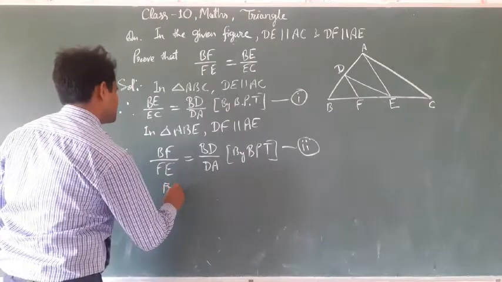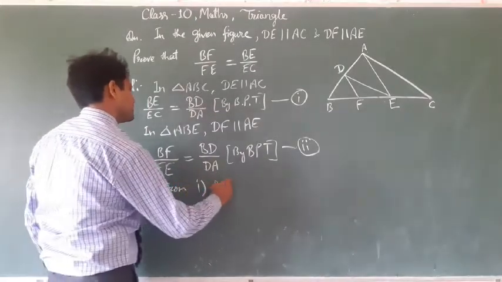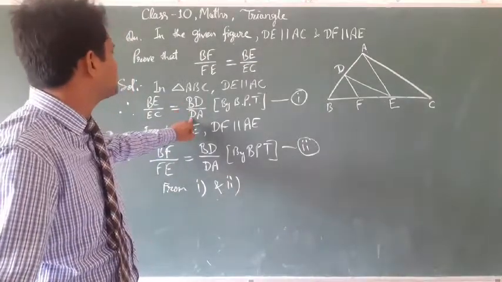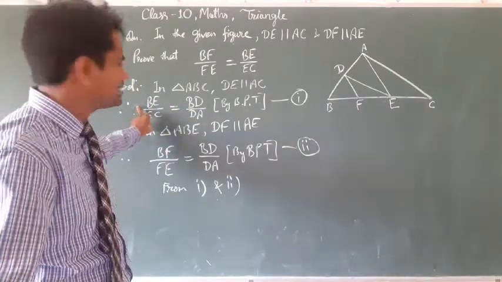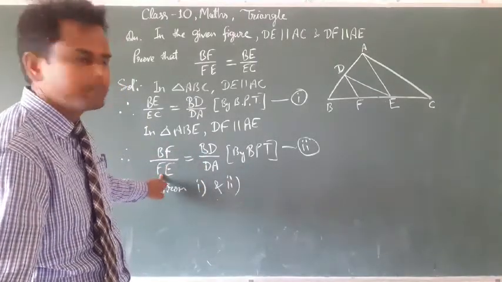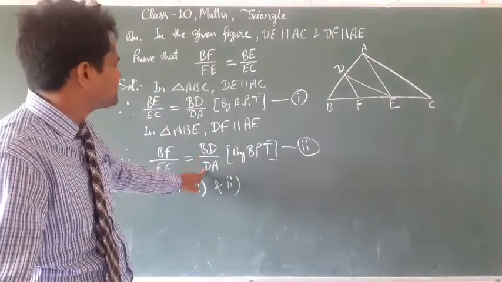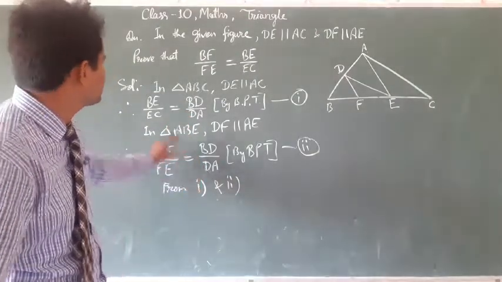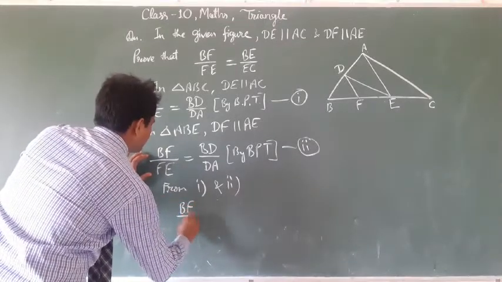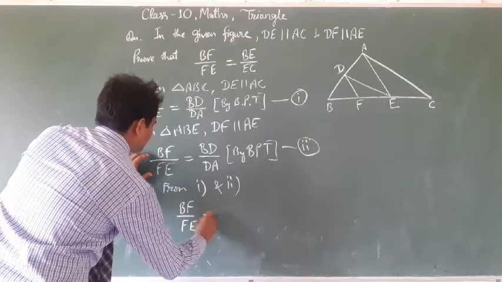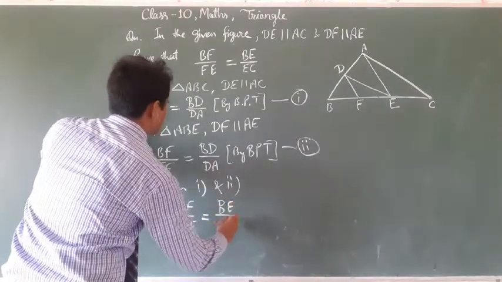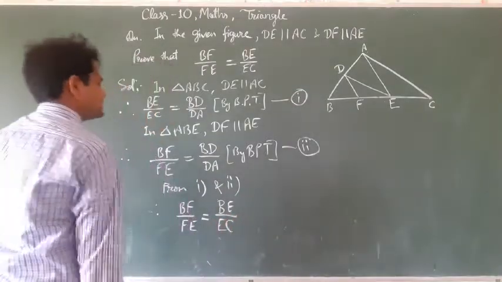From equation 1 and 2, in equation 1 BE upon EC is equal to BD upon DA, and in equation 2 BD upon DA is equal to BF upon FE. But BD upon DA and BD upon DA are equal, so that's why we can say that BF upon FE is equal to BE upon EC.